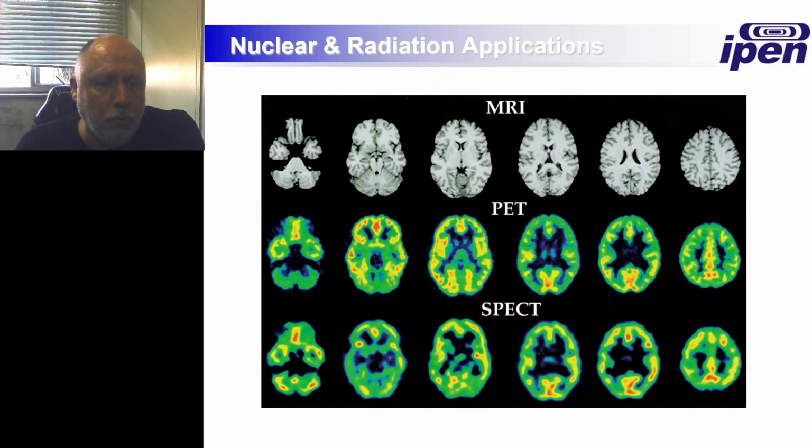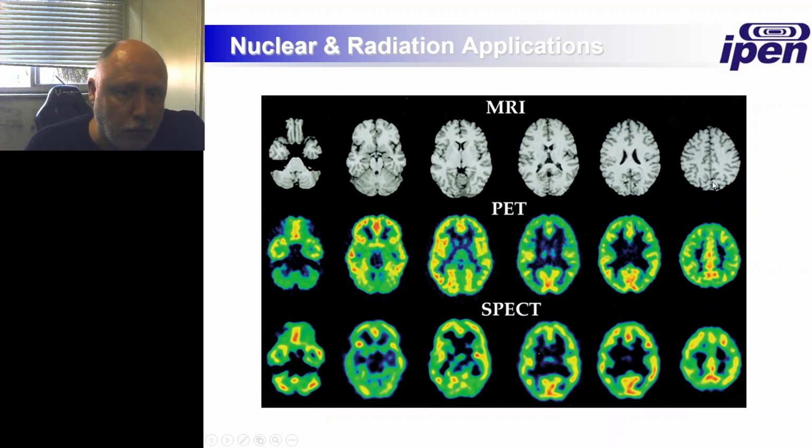And here, just a comparison for you, this is MRI, meaning nuclear magnetic resonance, right? I didn't talk about it because it has very little to do with nuclear physics. Essentially, MRI shows you soft tissue in your body. It doesn't show other things, it shows where soft tissue is.